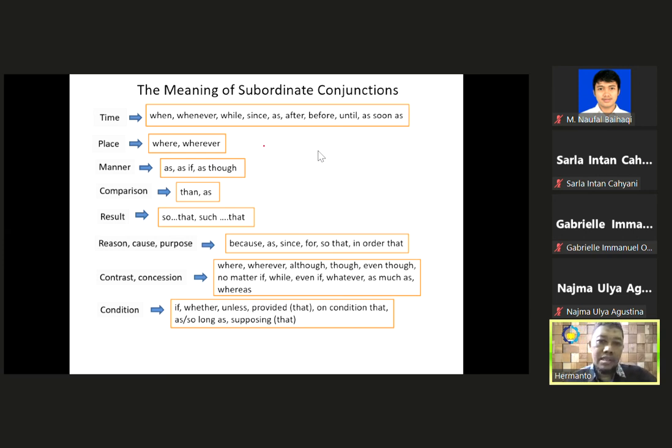Where, wherever, plus subject and verb, because it is a subclause. Adverb clause: as if, as though, as, so that. Such that. Because, as, since, for, so that, in order that. To indicate contrast or concession: although, though, even though, and others. Condition: if, whether, unless, provided that, and others. Okay, so once again, these are subordinate conjunctions to begin the adverb clause.